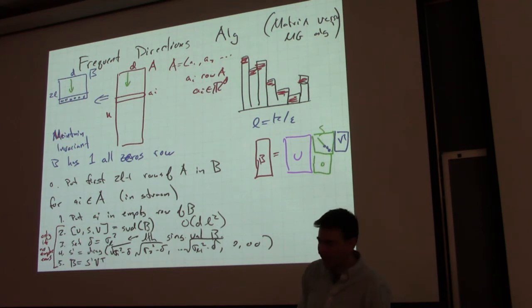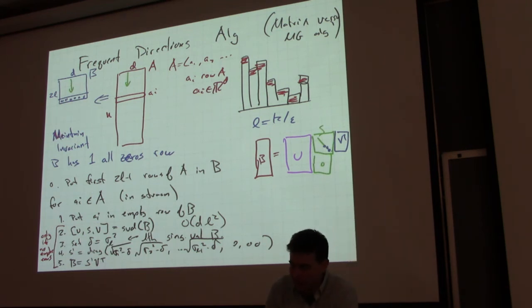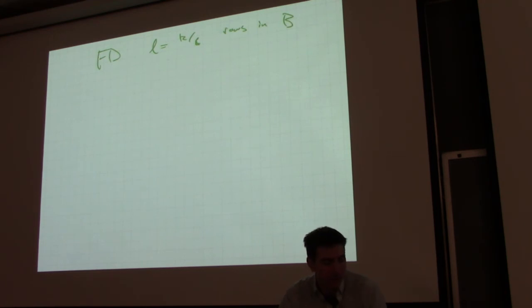Okay, and if I run it with this size, let me just write down the error bounds here. So if I run frequent directions with L equals K over epsilon rows in B, then I can write down two error guarantees.